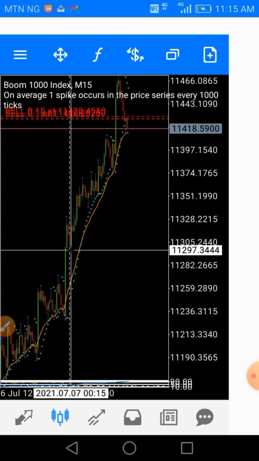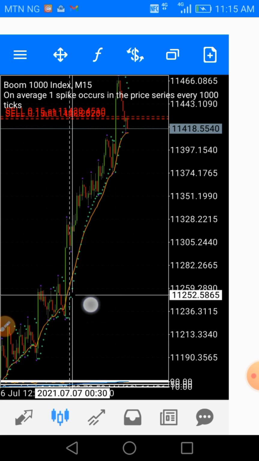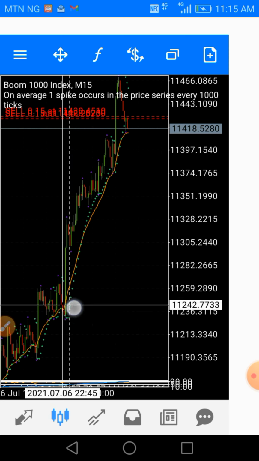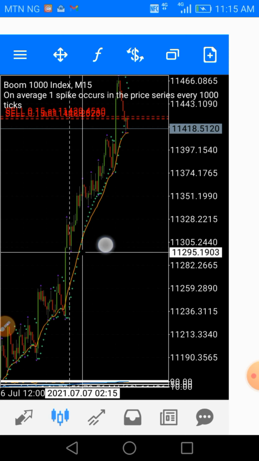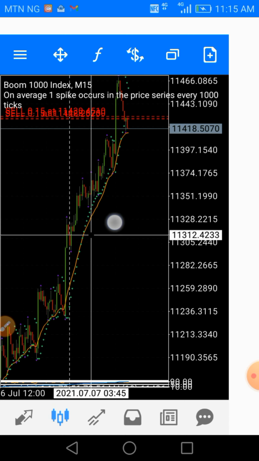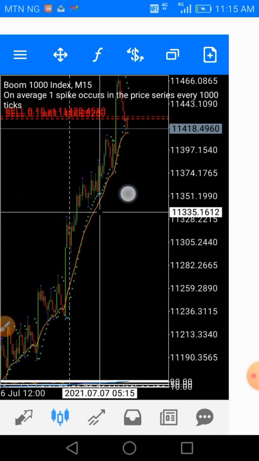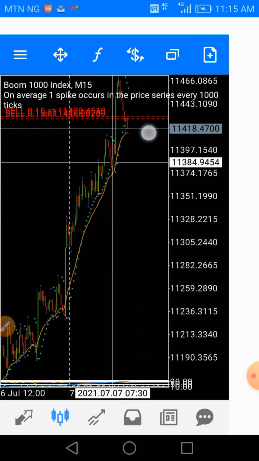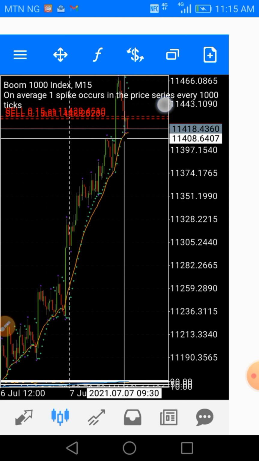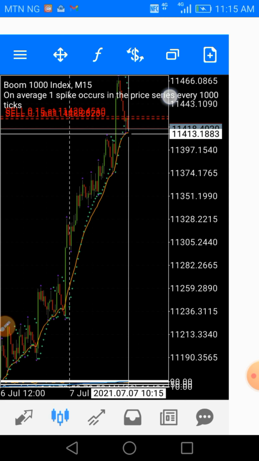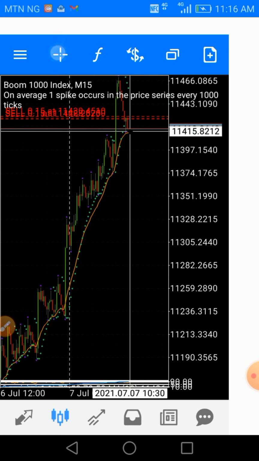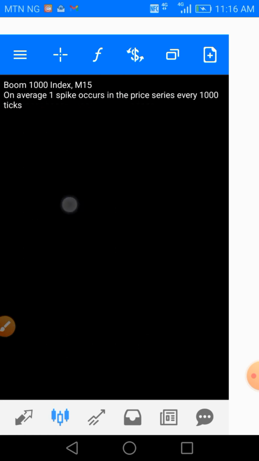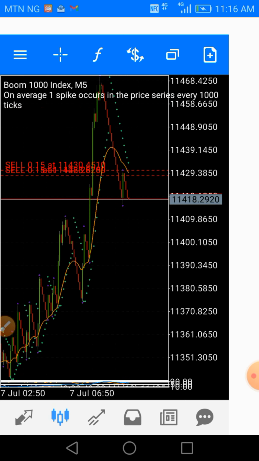Also, the moving average period 20, you discover that when the market was pushing up here, it was actually below the market. And here is still below the market, but I'm looking at it that it will come above the market, because already I'm looking for an alignment on M5.